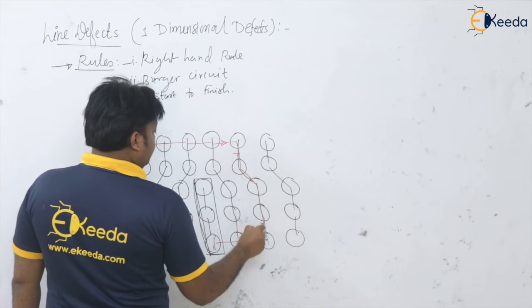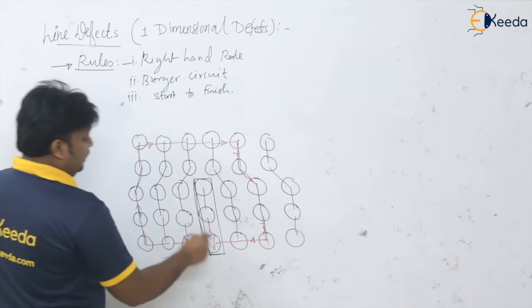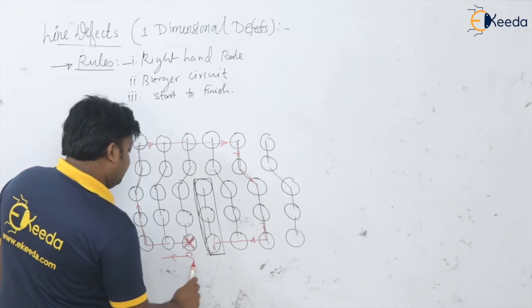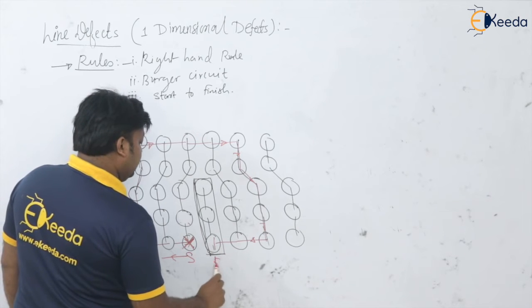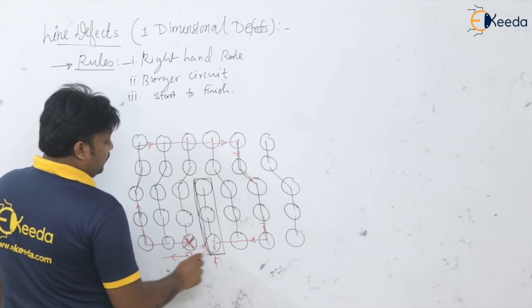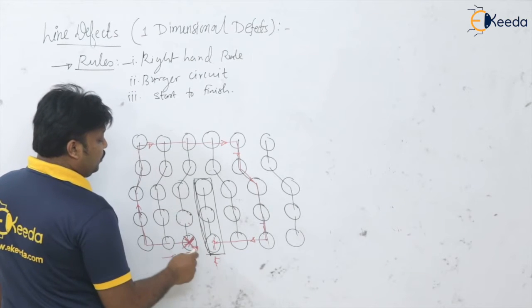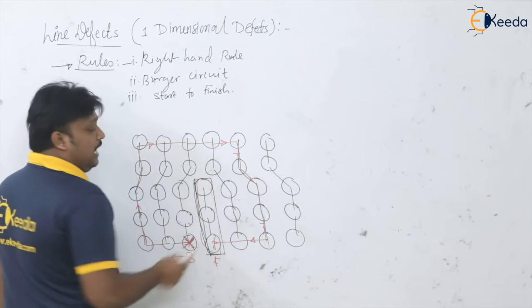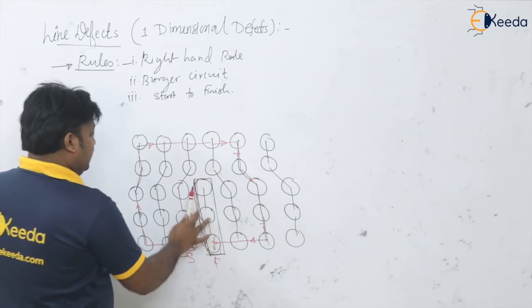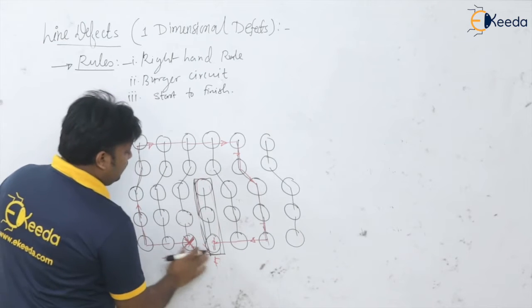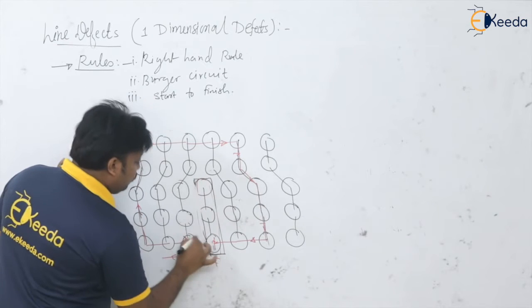So let us see whether this loop is completed, whether the circuit is complete. No. The circuit starts from here and gets finished here. So the distance remained here; we were not able to complete the loop because of the presence of this extra half plane, isn't it? And now the Burgers vector, from where to where are we going to give it? From start to finish.